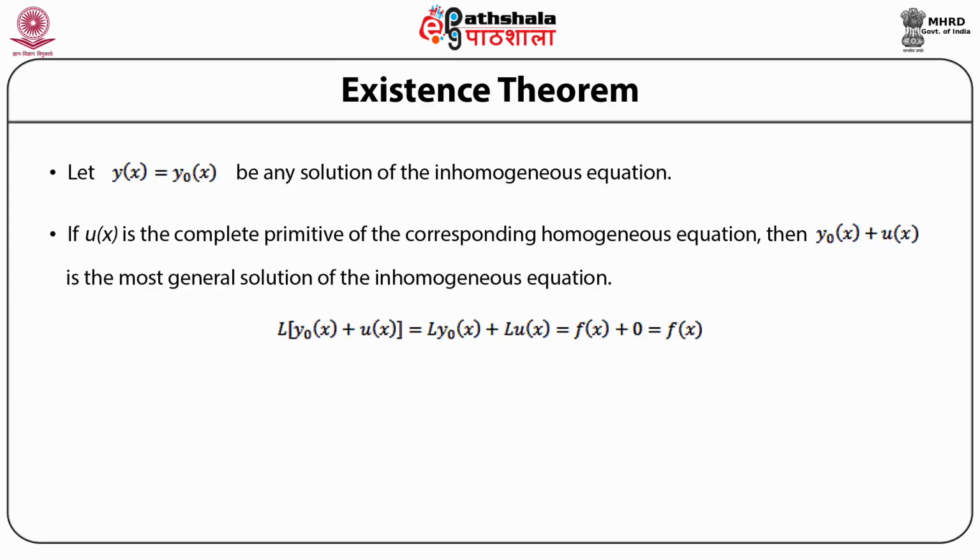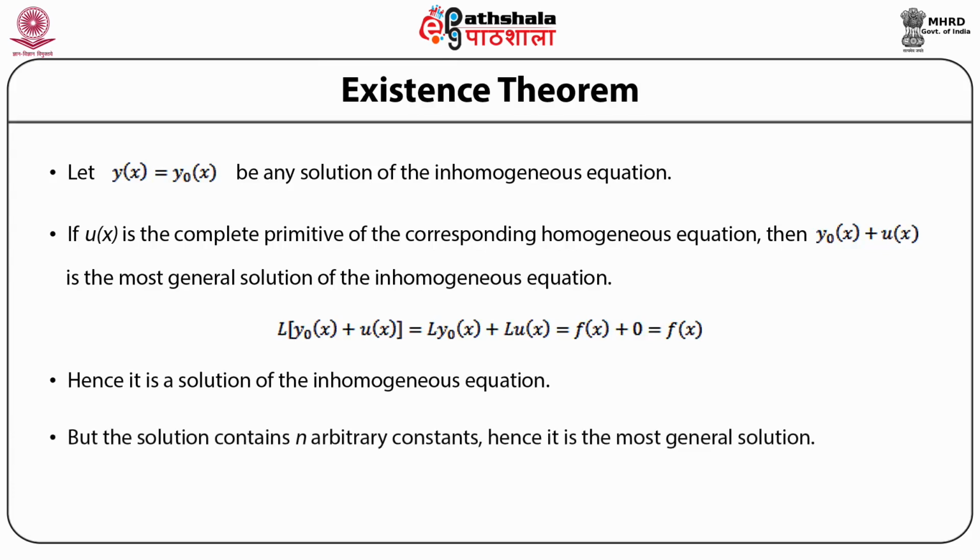The proof: L times y0 plus u is equal to L times y0 plus L times u, which is given by f of x. Thus, y0 plus u is a solution of the inhomogeneous equation, but the solution contains n arbitrary constants and hence it is the most general solution.